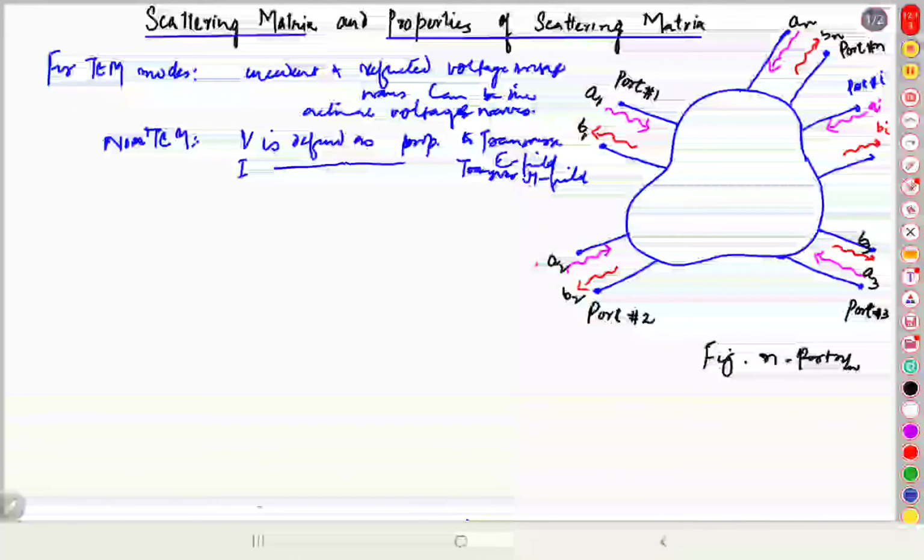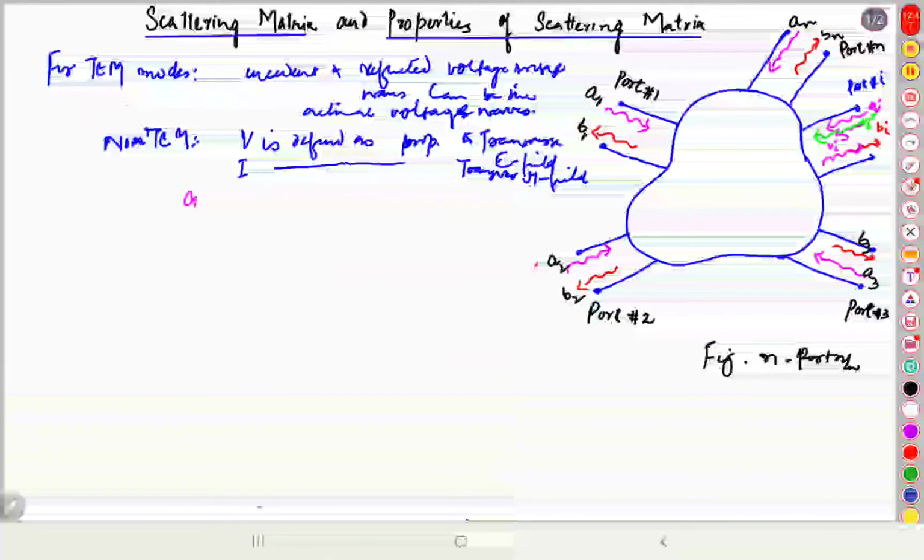For deriving the relationship between incident and reflected waves, instead of AI and BI, we could have used VI positive and VI negative directly. We could have used VI positive as an incident wave and VI negative as a reflected wave.